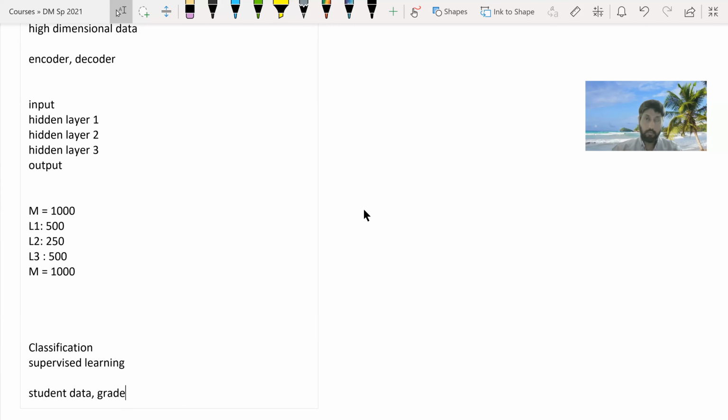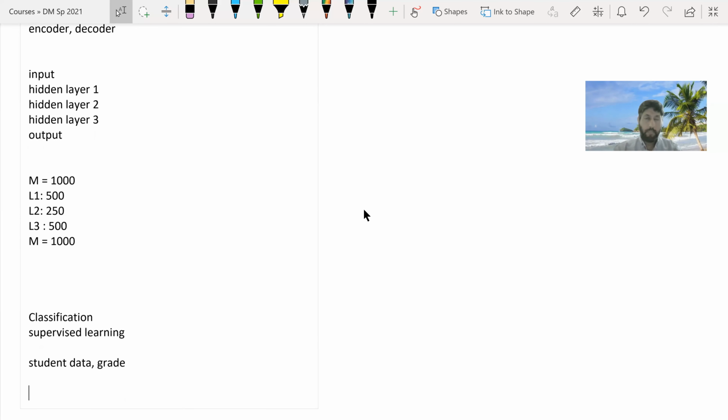So in this case, what is our data set? You have xi, which is student information. Xi in general would be a feature vector, attribute value pairs, many of them. But for each of those students i, we also have some previously labeled grade score.